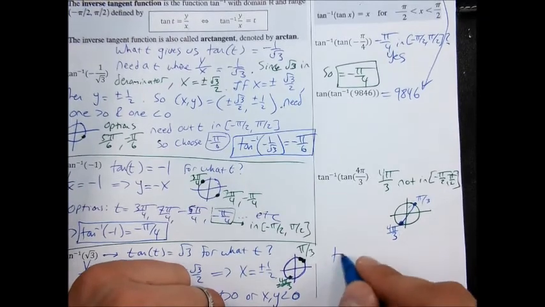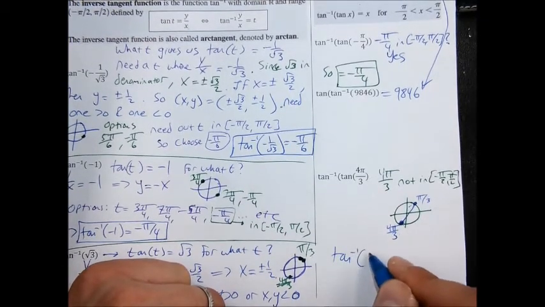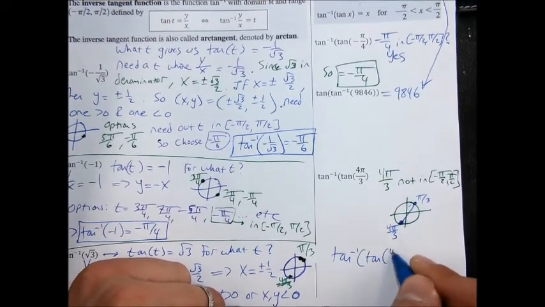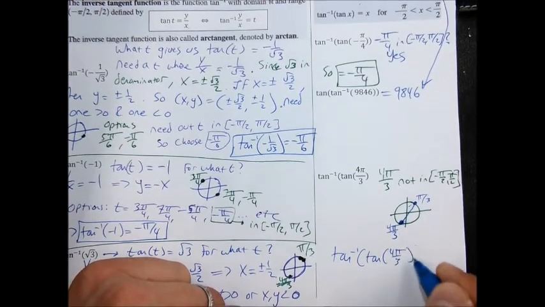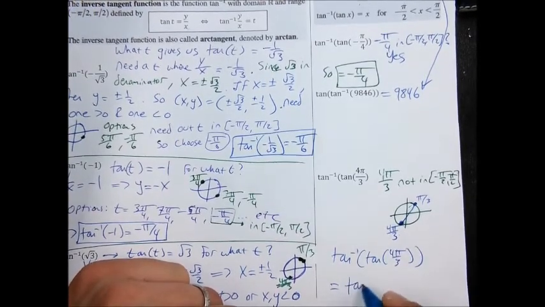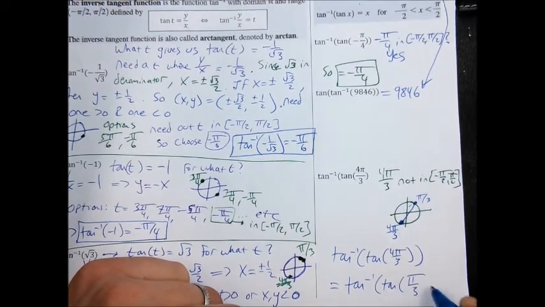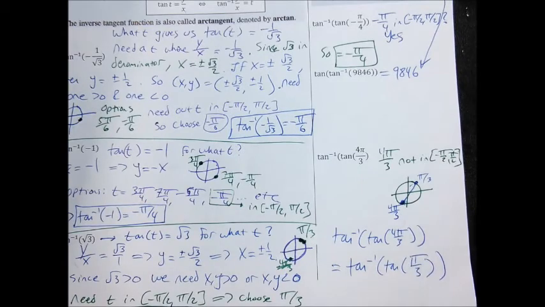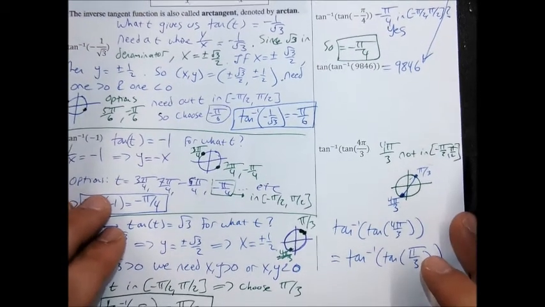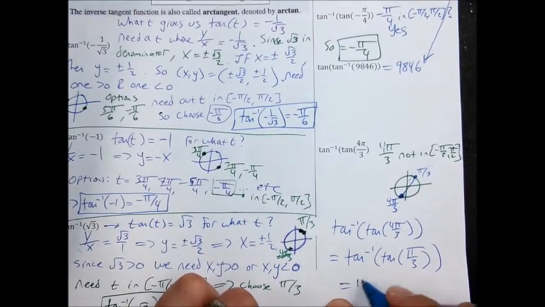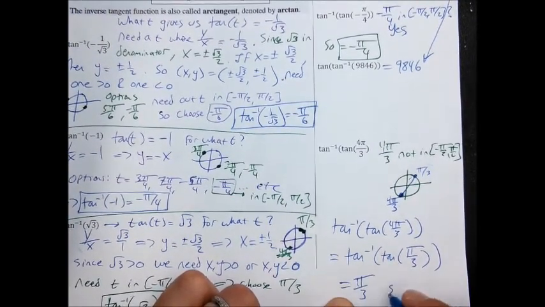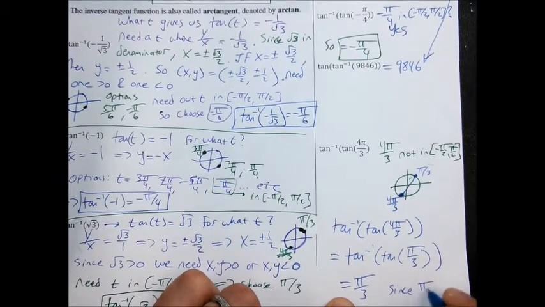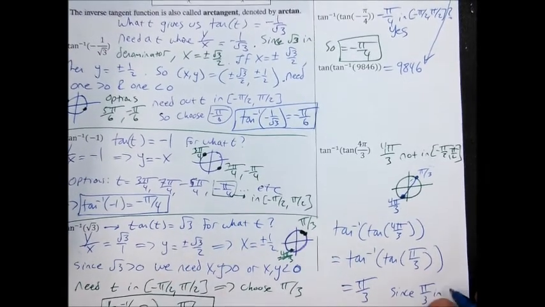And so what we can say for this one is that tan inverse of tan of our original 4 pi over 3 is the same thing as tan inverse of tan of pi over 3. And pi over 3 is between minus pi over 2 and pi over 2, and so we can use that one. And so this just equals pi over 3, since pi over 3 is on the right interval.